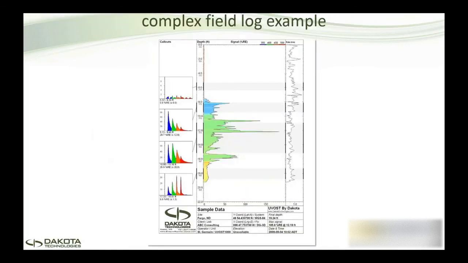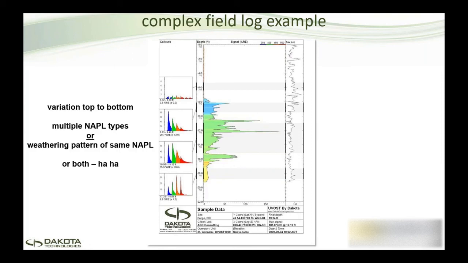So here's a complex field log example. Now I don't necessarily know what this is. I've got an idea, right? But I know that the chemistry is dramatically different in these 3 sections. This is all NAPL, right? But I know that the chemistry is varying. I don't know if it all started out like this, and this is the most protected, least weathered part of the body.